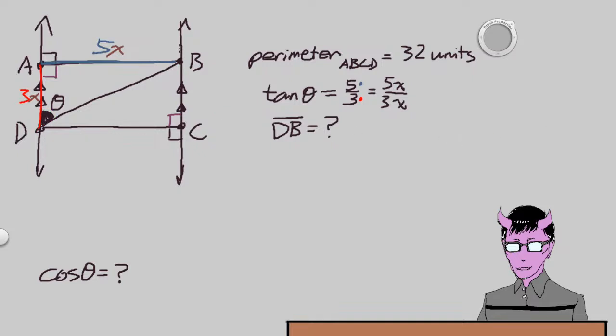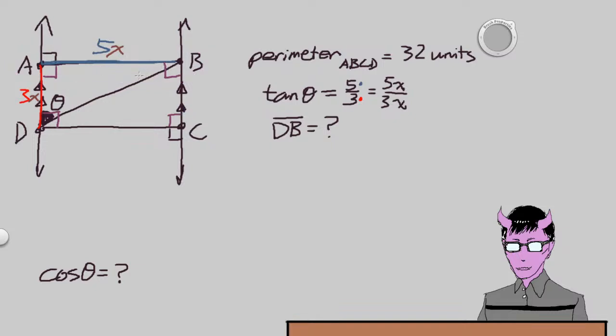Here's the other thing. Since this line is parallel to that line, and this is a transversal, since this is 90 right there, then by alternate interior, this is also 90 right here. And since that's 90, then this one overall is 90, and then this one overall is 90 from the same reason on this particular transversal.